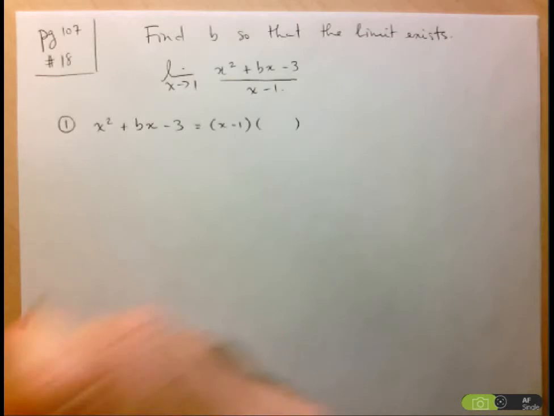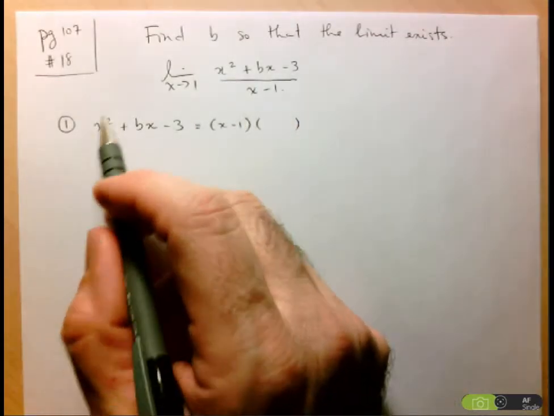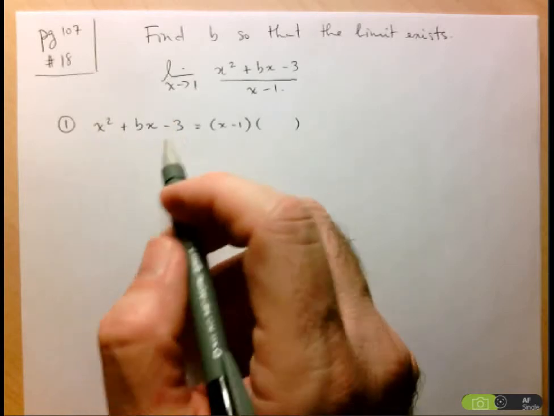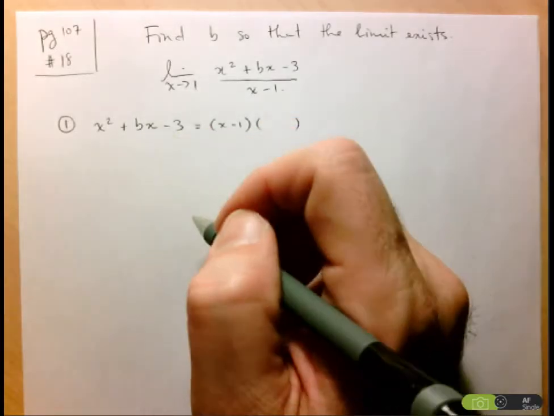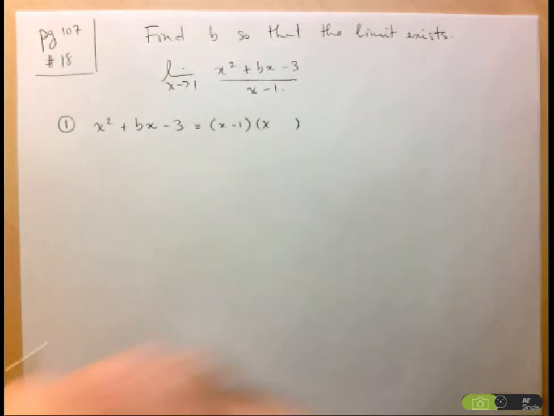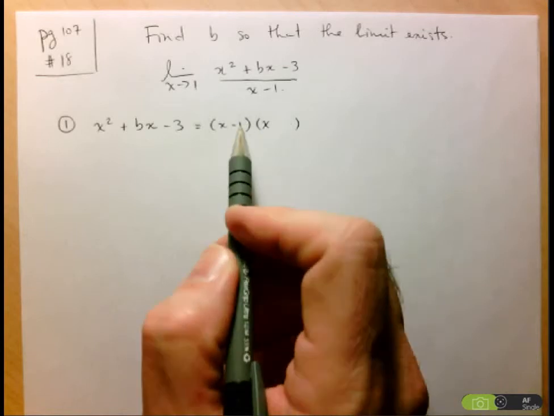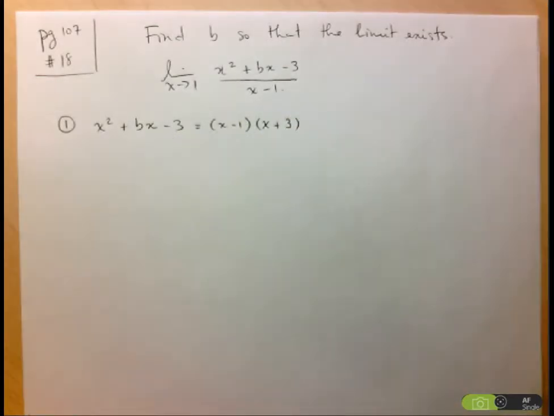And this is where the fact that this is a nice easy quadratic with an x squared with a coefficient equal to 1, and a nice simple prime number, comes in. In order for this to be factorable, there's no choice for this first position but to be equal to x, and in order for the product of the last terms to be equal to -3, this has to be equal to plus 3.